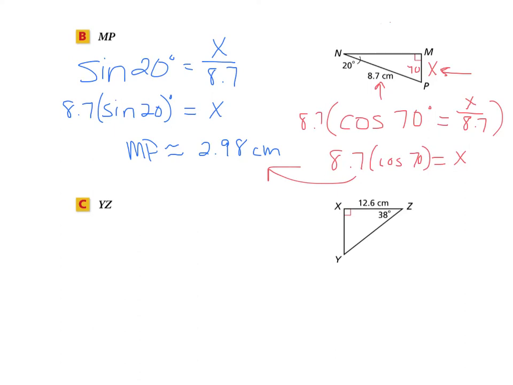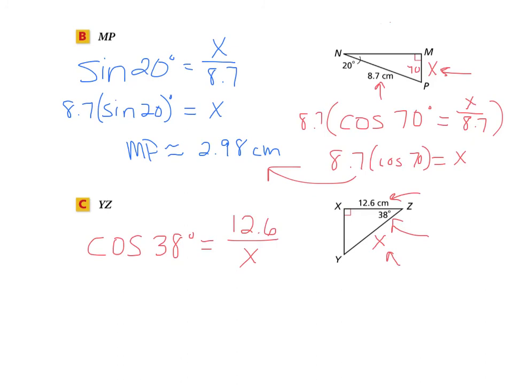YZ. Well, I have 38 degrees. I want to find the hypotenuse. So from 38 degrees, I have the adjacent side and I have the hypotenuse. Adjacent over hypotenuse is cosine. So cosine of 38 degrees equals the adjacent side, 12 and 6/10, divided by the hypotenuse, which is x.